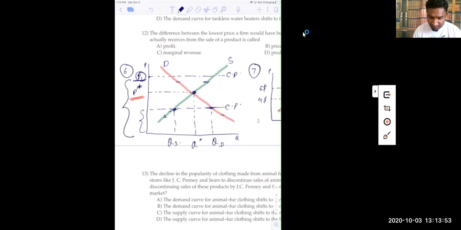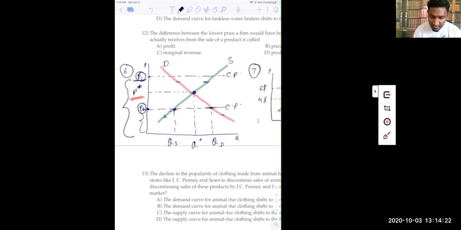Basically, if you set your price anywhere below P1, this is not in itself going to affect the market outcome, because the price that you actually set could be anywhere below this, and that could affect the market in its own ways. But what happens if you set the price below the equilibrium price, which is P2?